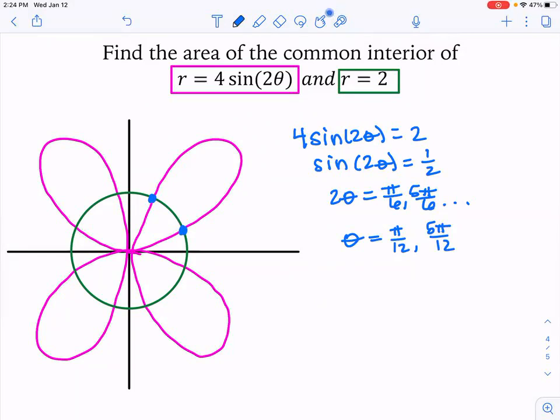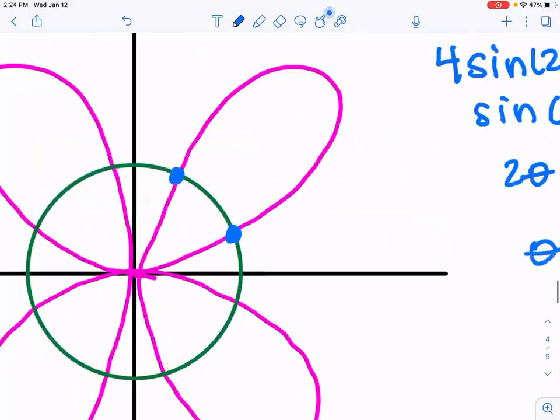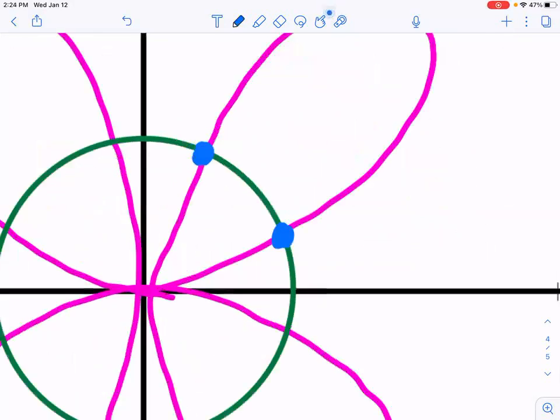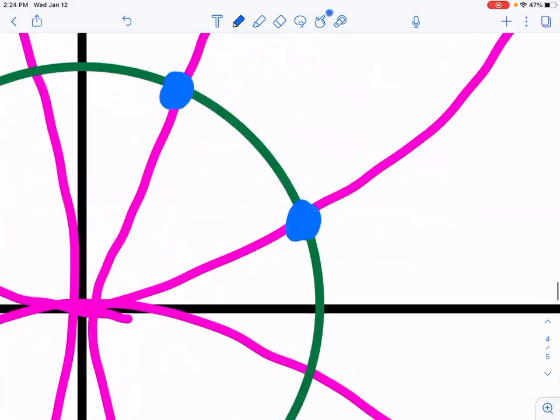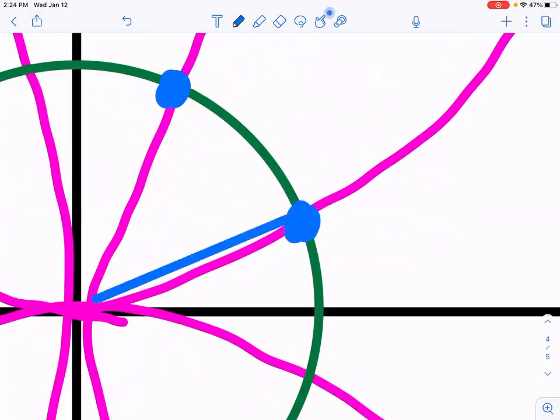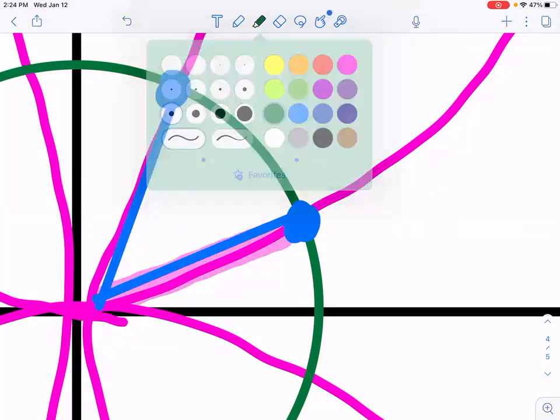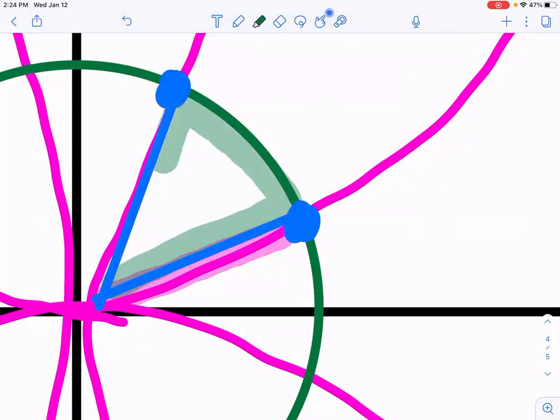See that? Okay. So we need to find this pink area, then this green area.